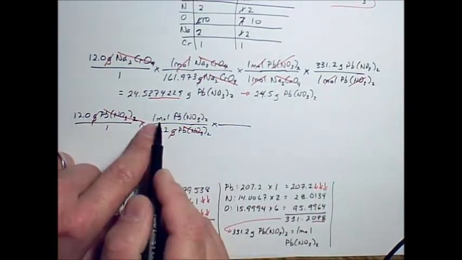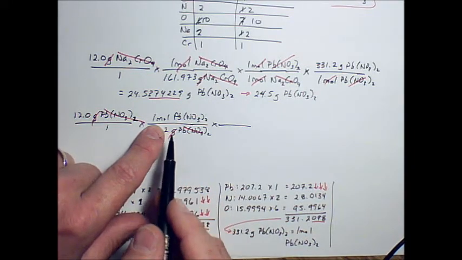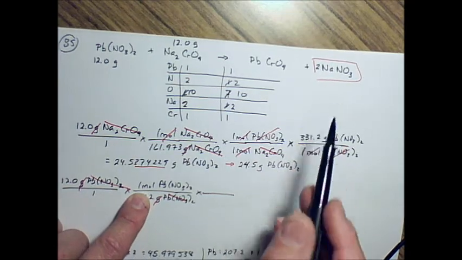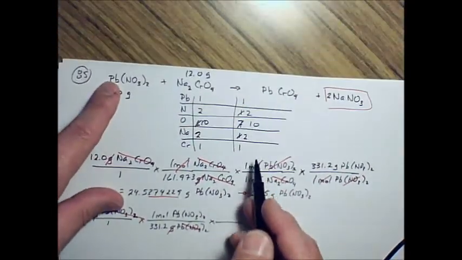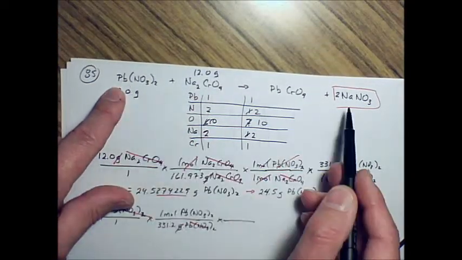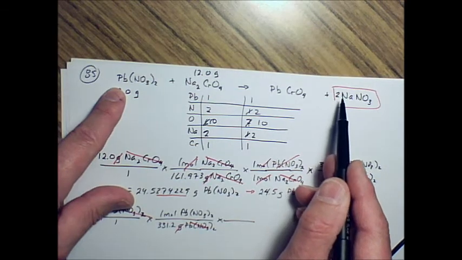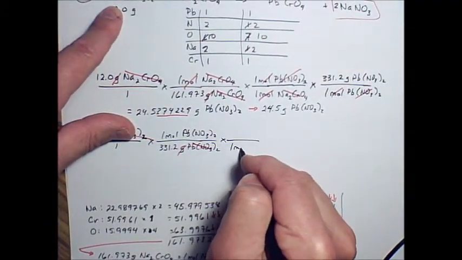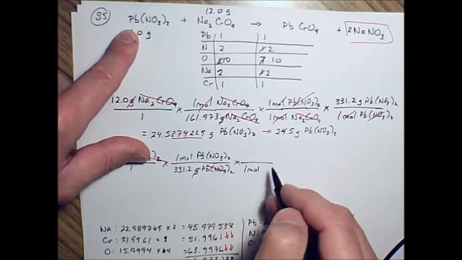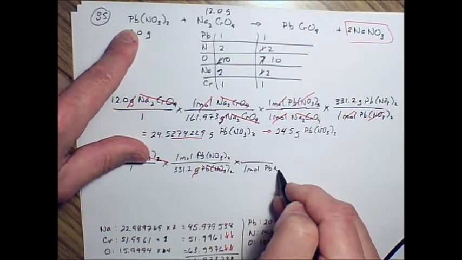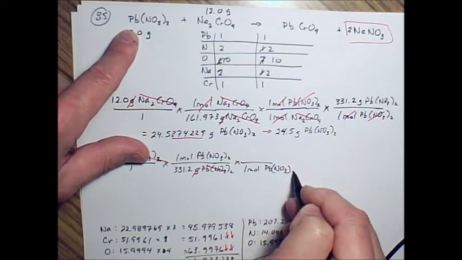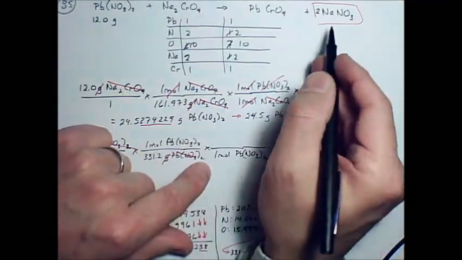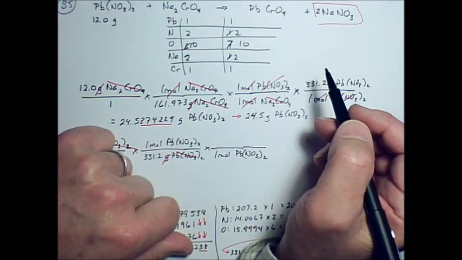So we've got this in the moles. Now we need to get it in the moles of the stuff we're looking for. All right? So the ratio here is 1 to 2. 1 mole of the lead nitrate and 2 moles of the, wait a minute, are we looking for that?